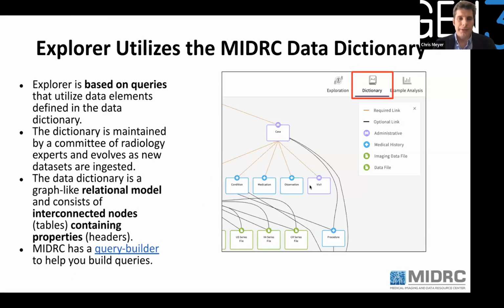It consists of interconnected nodes, and each node can be thought of as a table of data. The case node here at the top in the screenshot is a table of patients, and those patients are related to, for example, their clinical data. You can see under there conditions, medications, observations, procedures, as well as imaging files like CR series files, etc.